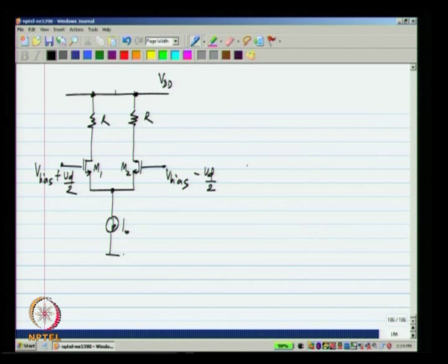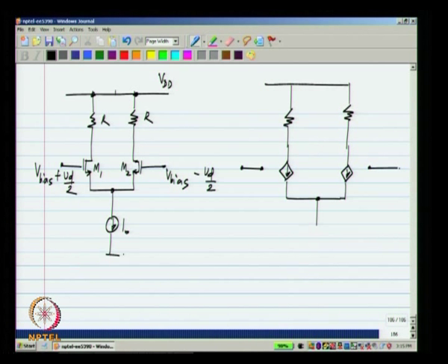Now, let me draw the small signal equivalent circuit of this. This is what we will have. The reason I drew the small signal equivalent circuit was the small signal equivalent circuit is by definition linear, and I am going to use that.